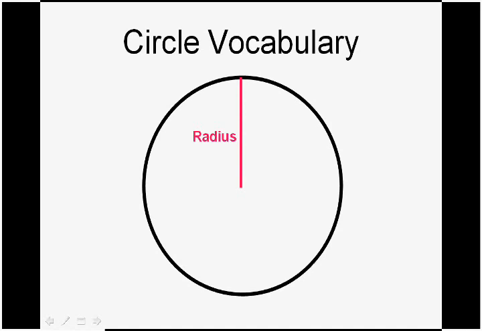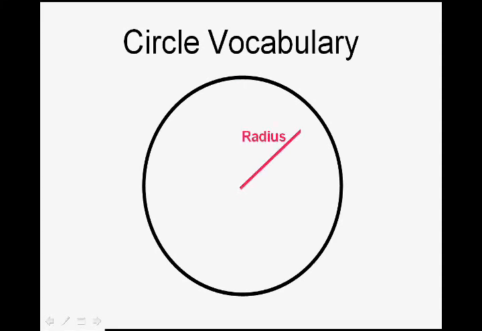Notice that the interior of the circle is not included. The circle is only the black points on the outside, and the radius is the distance from the center in every direction out to the point on the circle. That's called the radius.